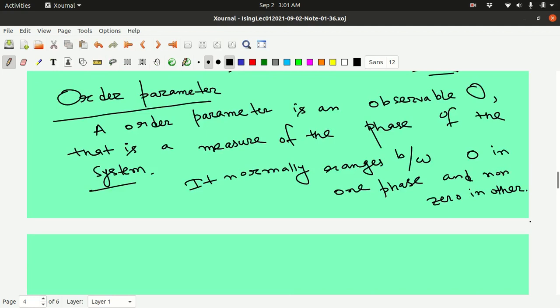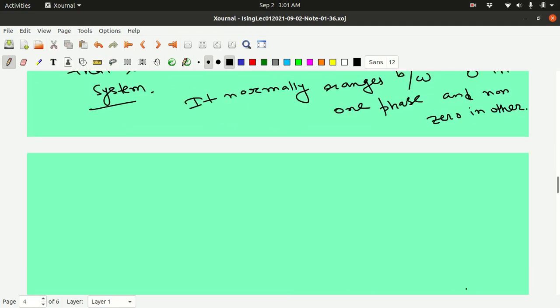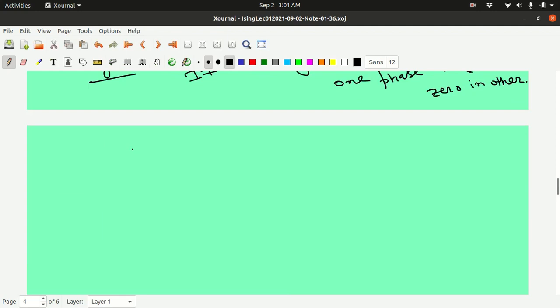So let's say if you have a first order phase transition, and you plot the order parameter with respect to temperature, it will go something like this. It has some non-zero value, and then it will go to 0 at some temperature which is called the critical temperature Tc.